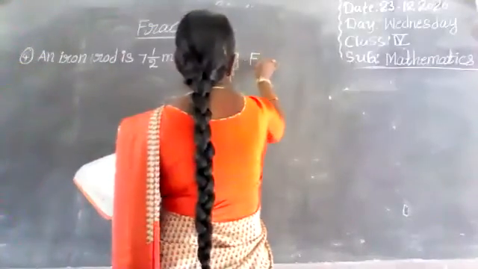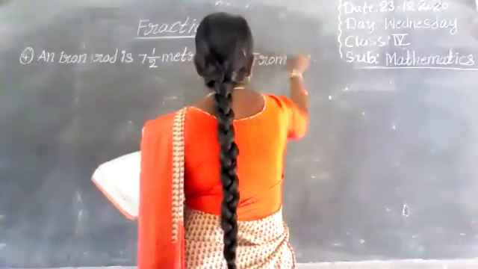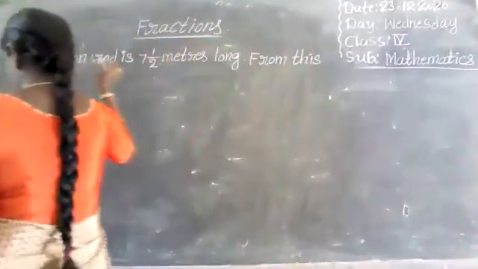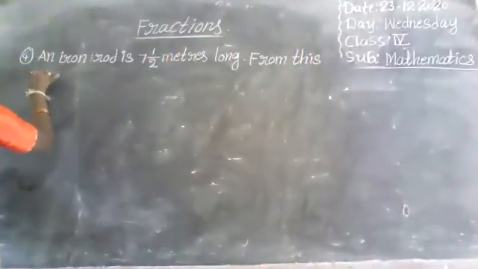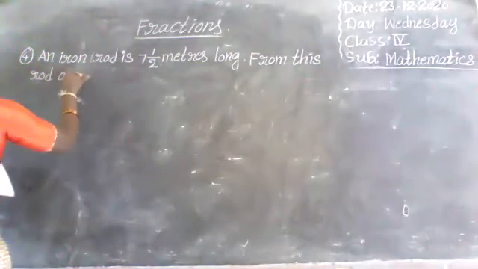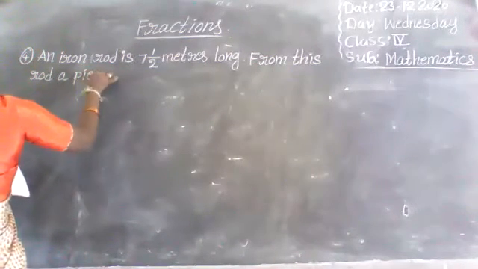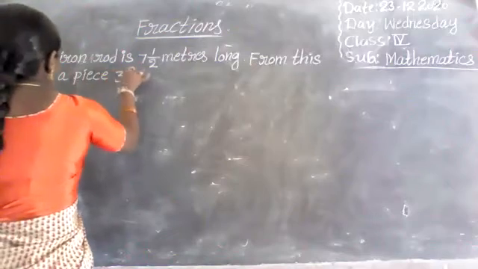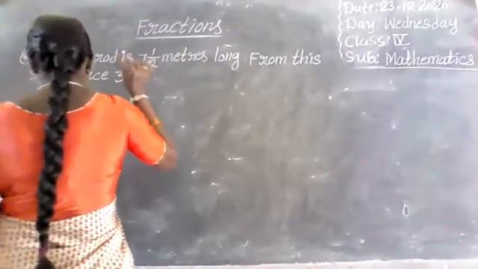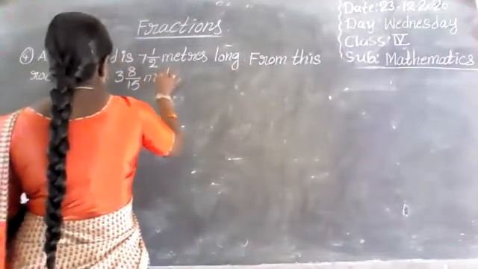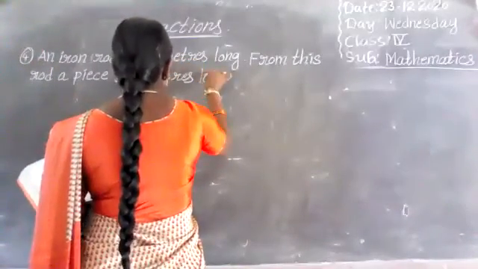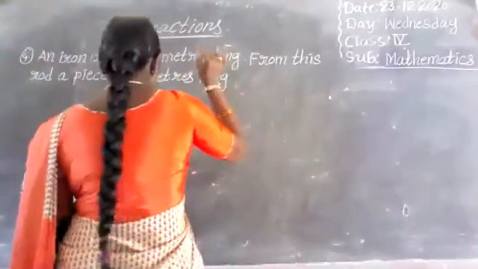Next, from this rod a piece 3 whole 8 by 15 meters long is cut off.